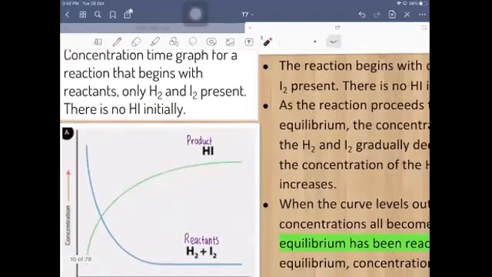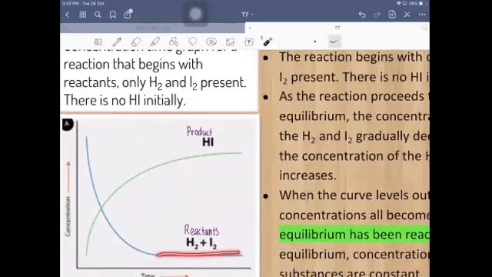Okay, and once it reaches the flat, the stable, the constant line, it just means that dynamic equilibrium has been reached, and it doesn't mean that the reaction has stopped. There is still forward reaction occurring, reverse reaction occurring.